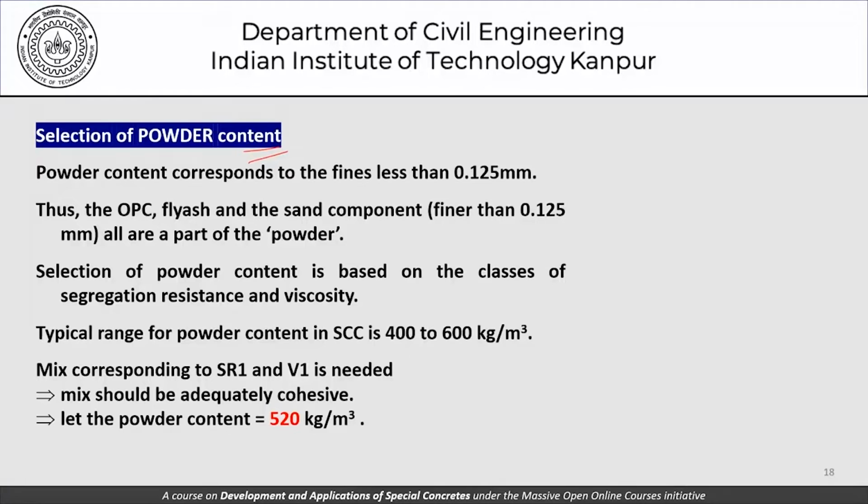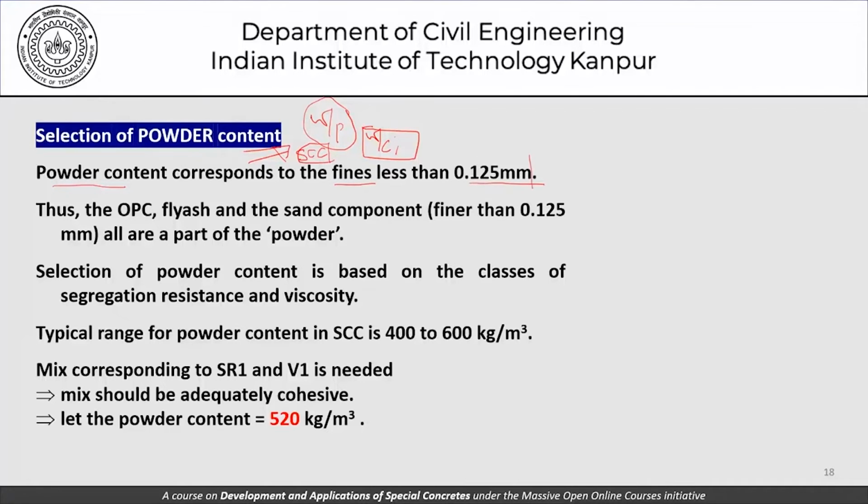Now this is something which is a very unique step as far as the proportioning of self-compacting concretes is concerned, because water to powder ratio is an important player in the whole game, other than simply the water cement ratio or the water cementitious material ratio that we always talked about from the strength perspective. Now the powder content here corresponds to all fines less than 0.125 mm.